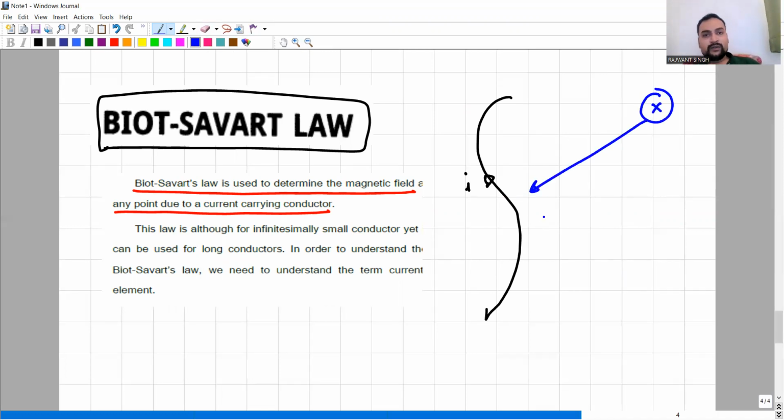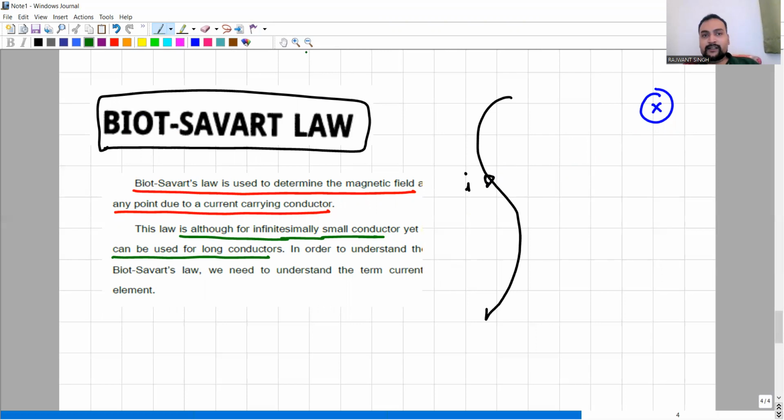This is what we are going to find, or this is what the Biot-Savart law is going to explain to you. Now, as I said, the Biot-Savart law is for the infinitesimally small conductor. The law itself is for the small conductor, but we can use it for the long conductor also by doing some mathematical integrations.